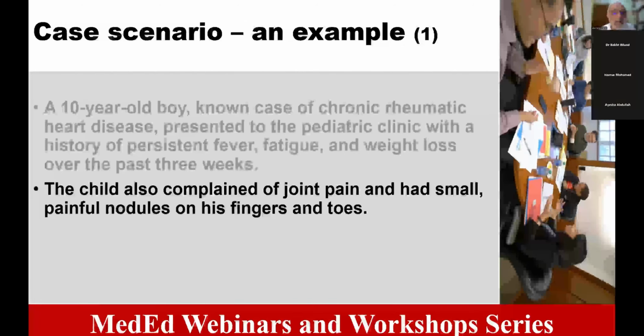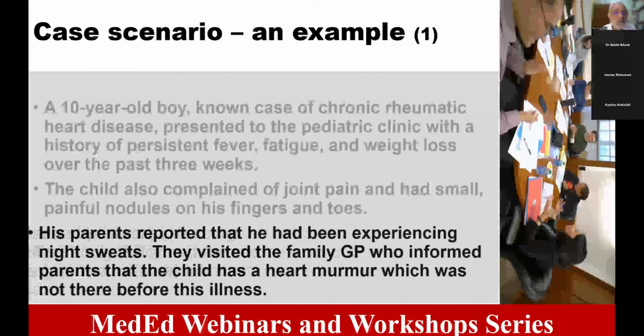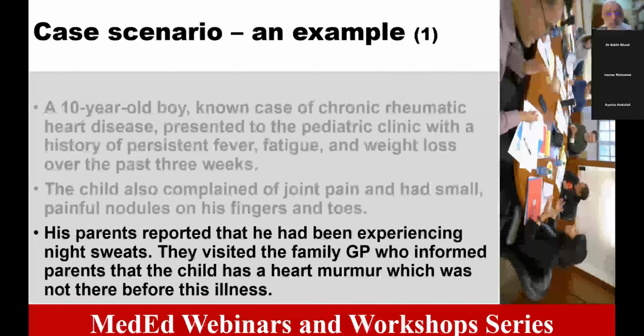The child also complained of joint pain and had small painful nodules on his fingers and toes. His parents reported that he had been experiencing night sweats, and they visited the family GP, who informed them that the child has a heart murmur, which was not there before this illness.